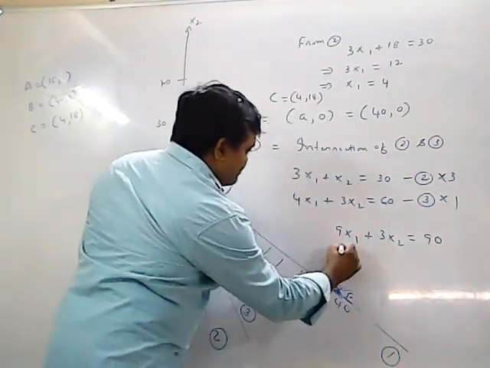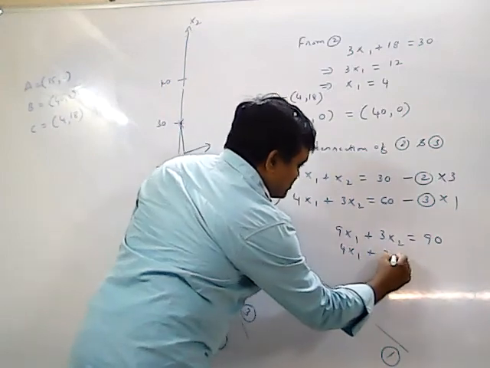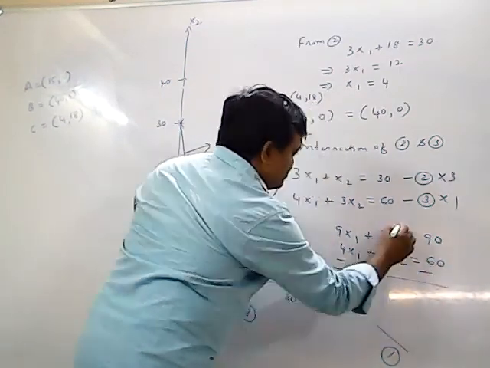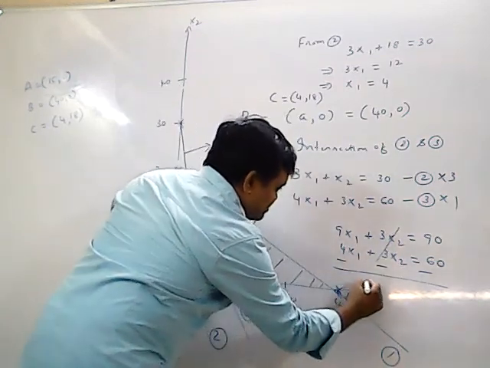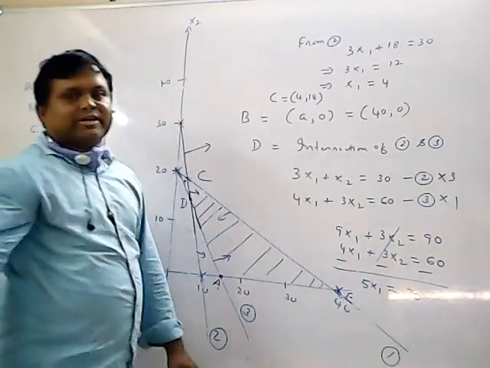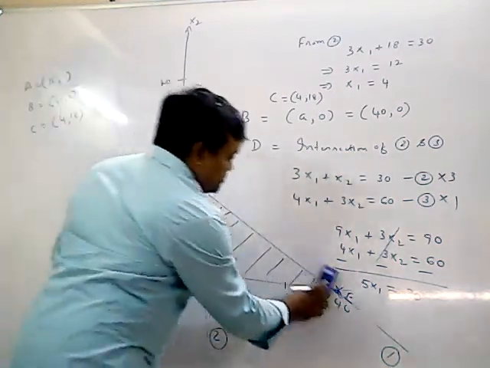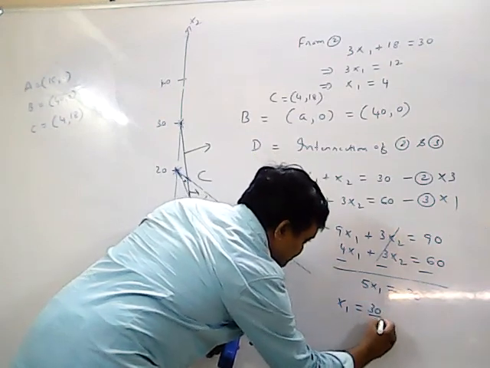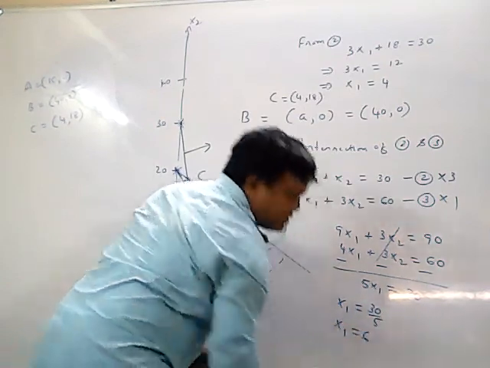Next, 4x1 plus 3x2 equal to 60. Now do the subtraction, and x2 is automatically cancelled. You get 5x1 equal to 30. So x1 equals 30 divided by 5, that means x1 equal to 6.